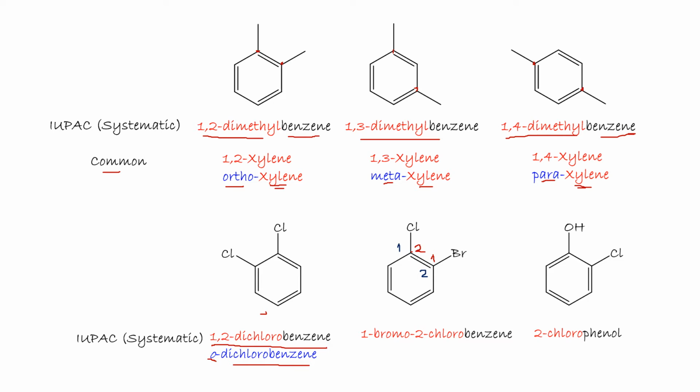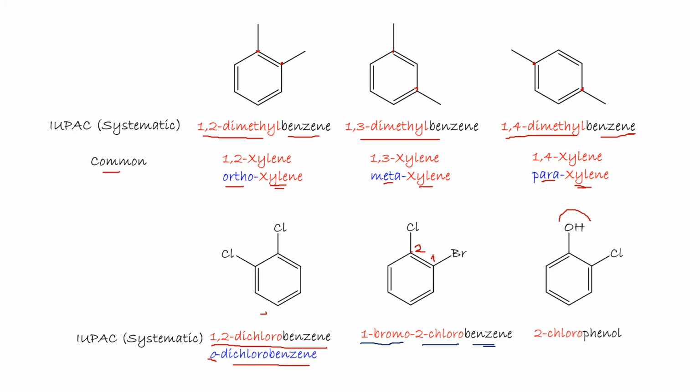So the number is 1, 2 in both cases. So we have to arrange them alphabetically. So 1-bromo-2-chlorobenzene will be the correct name. This will not be correct. 1-bromo-2-chlorobenzene is the correct name.